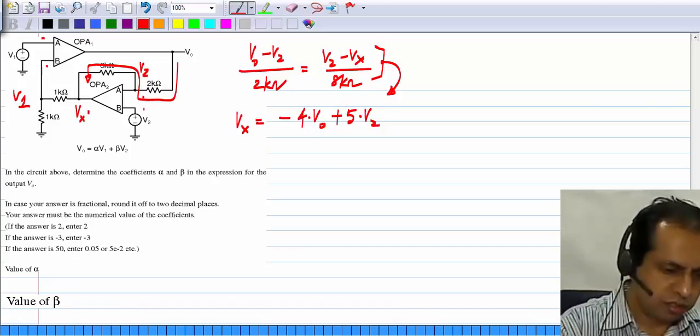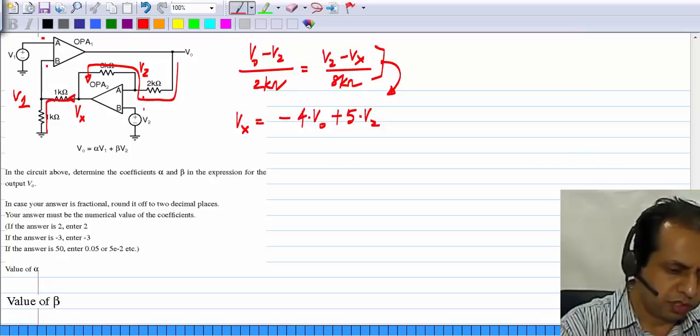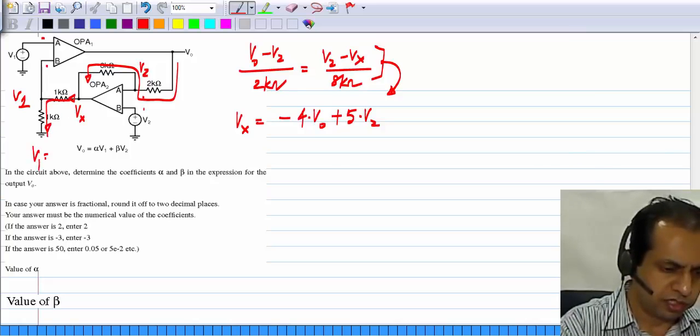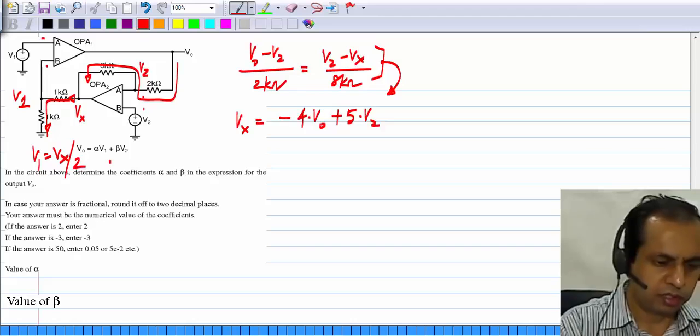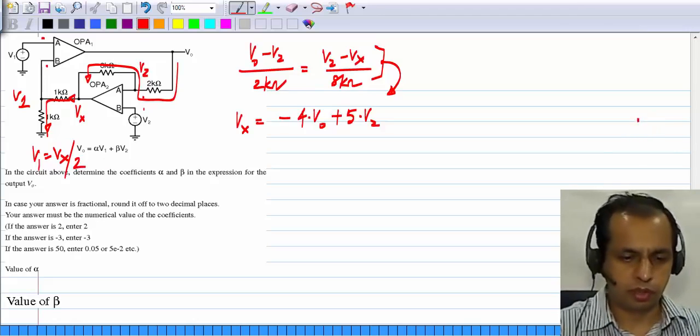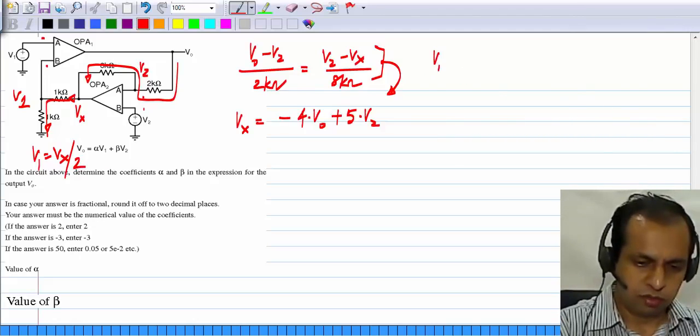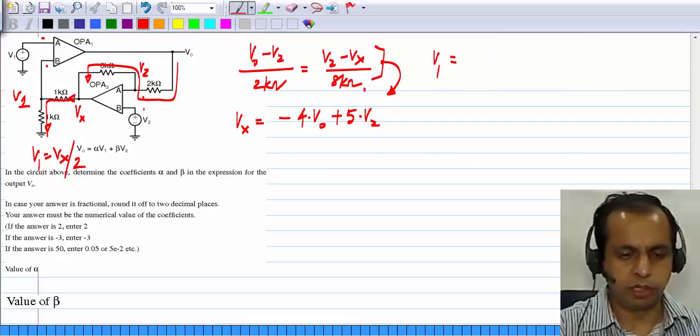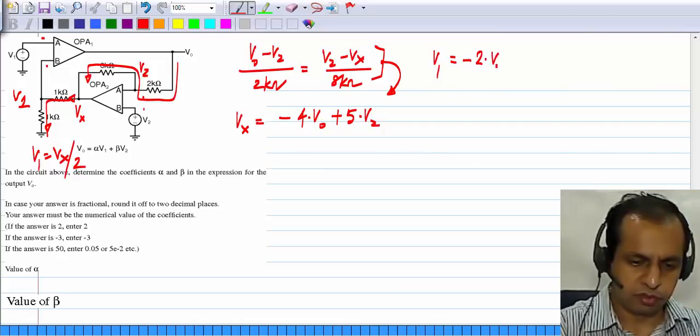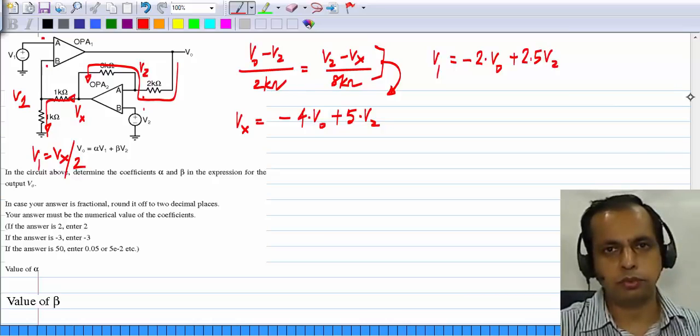Then we also know that any current from here simply goes into the other resistor. So V1 is Vx divided by 2, which is minus 2 times V0 plus 2.5 times V2.